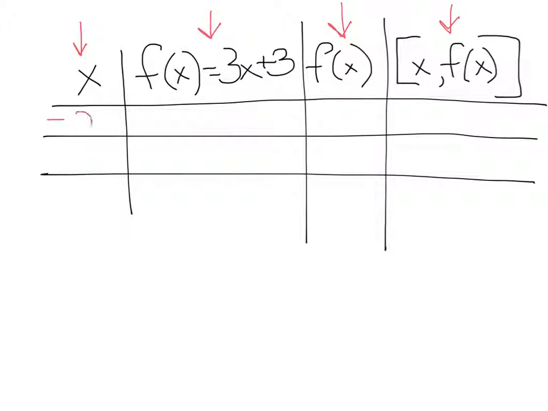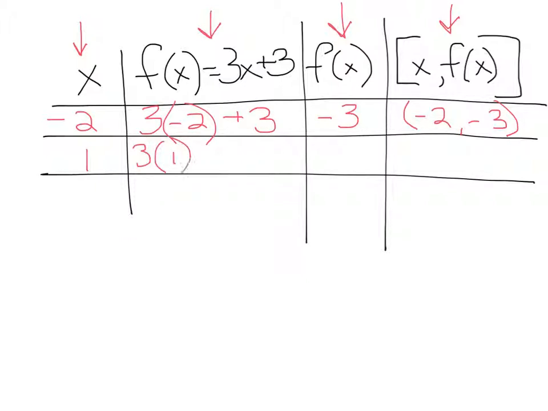So we're going to use negative 2 and 1. If I replace my x with negative 2, I have 3 times negative 2, which is negative 6, plus 3, which gives me negative 3. So my coordinate point would be negative 2, negative 3. My next value, if I plug in 1 for x, I get 3 plus 3, which is 6. So I have 1, 6.